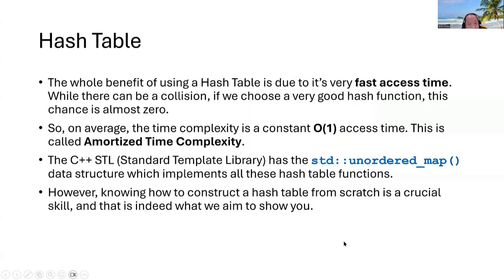It has faster access time, order of one access time. In C++, this is called an unordered map. C++ also has an ordered map, a sorted map, and an unordered map. So the C++ library has more variety to use.